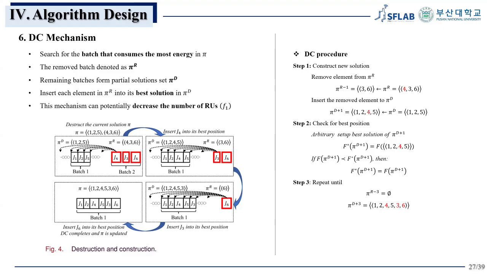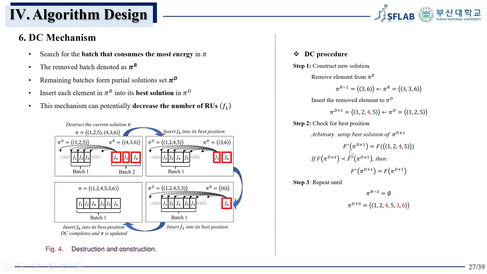So how do we check if it is the best solution? Let's have a look at this example. For example, we consider pi r consists of the following jobs, and pi d consists of the following jobs. We insert each job in pi r into pi d. The first job is job number 4. After insertion, job 4 will be inserted in this position in pi d.